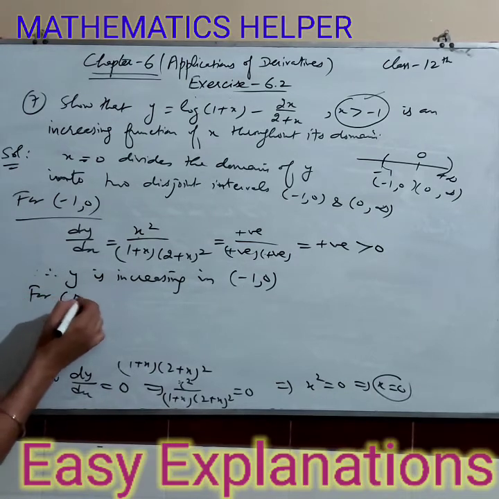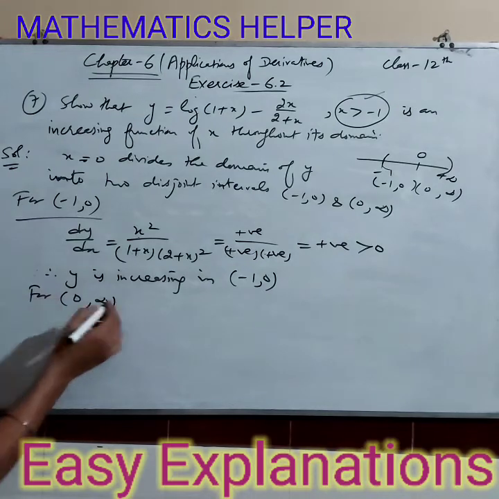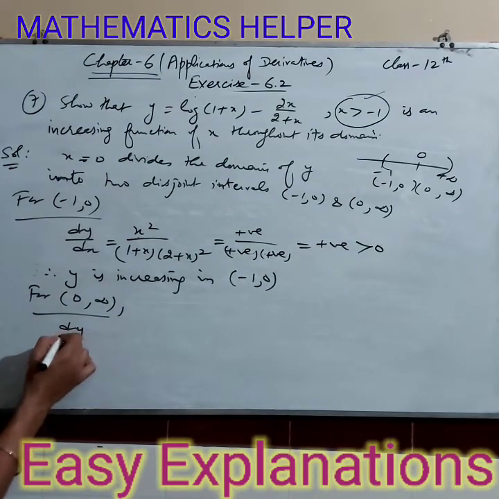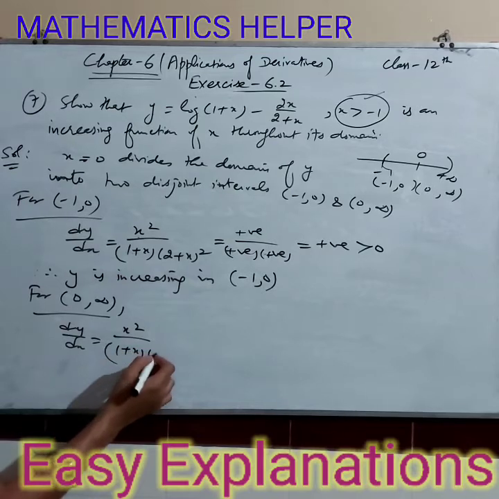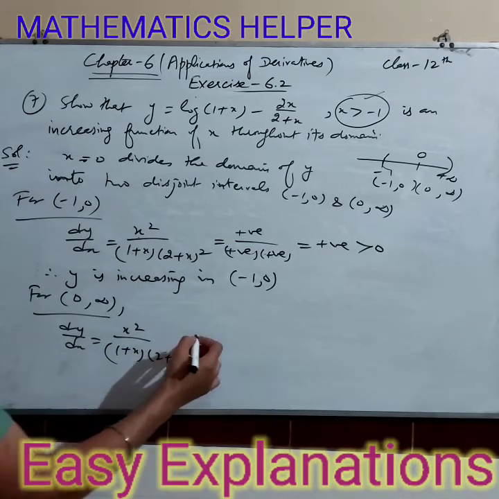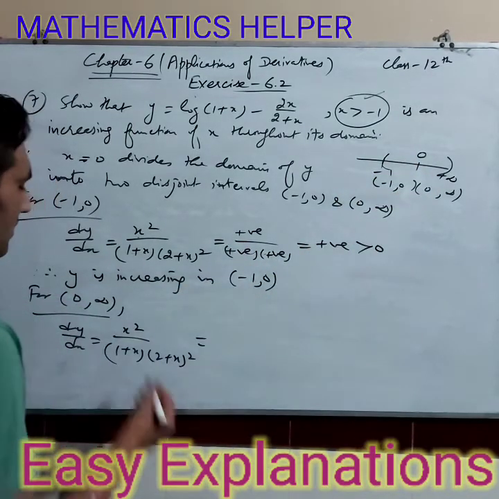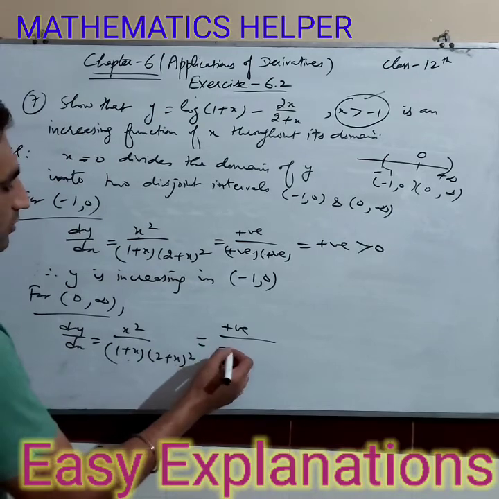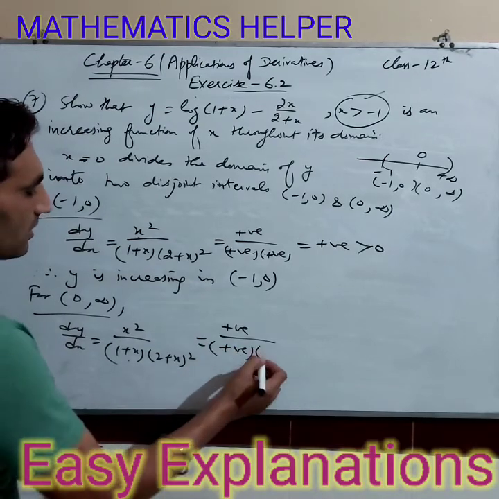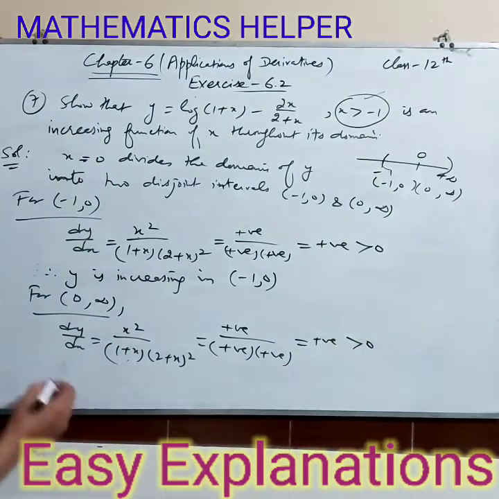Now for the other interval which starts from 0 towards infinity. What is the derivative? Again we will write derivative dy upon dx, which is x square over (1 plus x) into (2 plus x) raised to power 2. So any number you can choose from 0 to infinity. Suppose 1. 1 square will give a positive answer in the numerator. Here also positive, 1 plus 1, 2, positive. And last also, because of square, positive. So final answer will remain positive, or greater than 0.